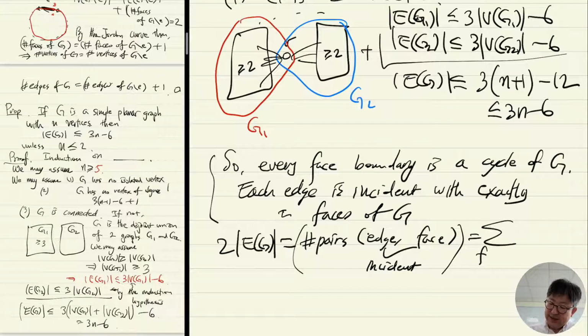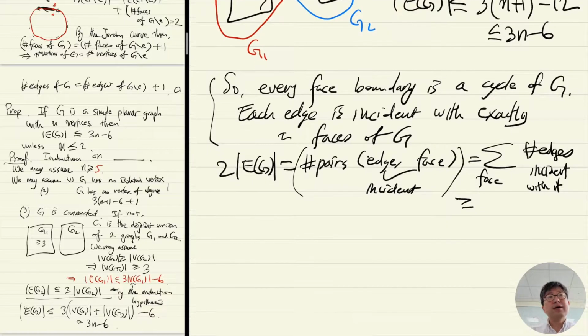So for every face, you count the number of edges incident with it. But that's the number of edges in the boundary, and every cycle in the graph G contains at least 3 edges because the graph is simple. So this is at least 3 times f, where f is the number of faces.